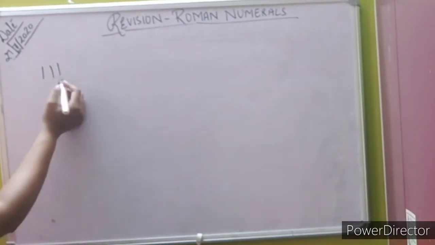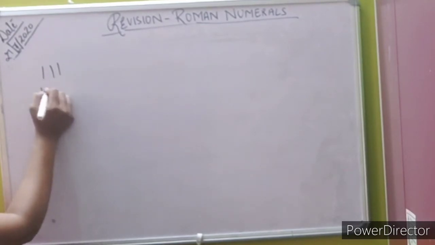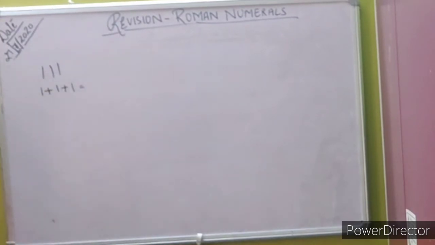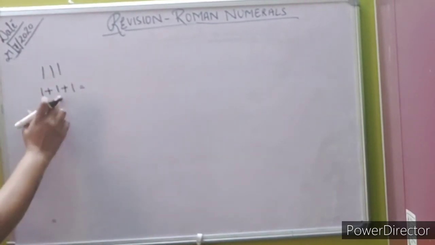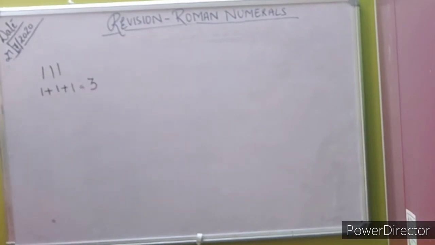Repetition of III is 3 times. I stands for 1, I stands for 1, and I stands for 1. So 1 plus 1 is 2, and 2 plus 1 is 3.